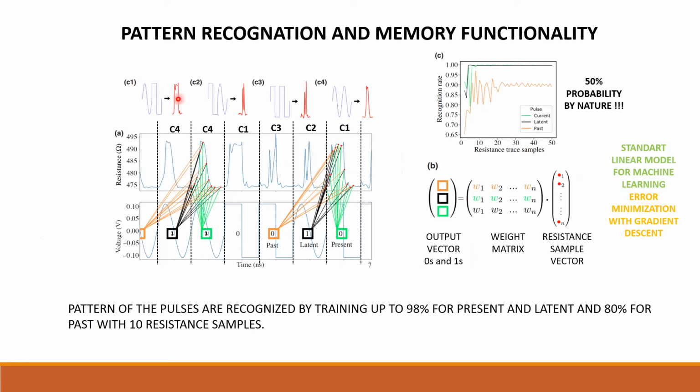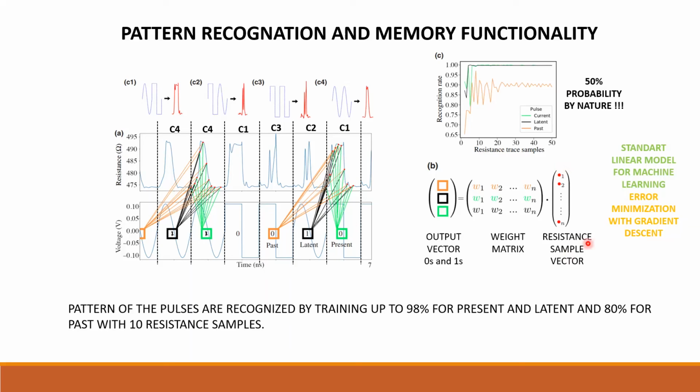Firstly, the nonlinear AMR response is trained for pattern recognition, and then the resistance sample values, the red dots, are measured at certain time points with regular time intervals.